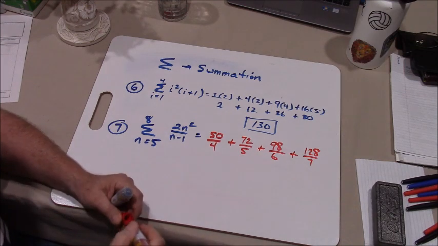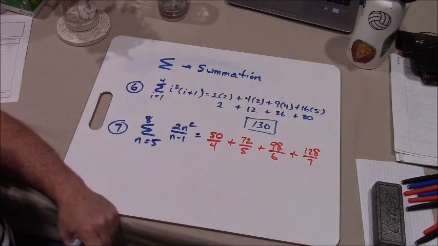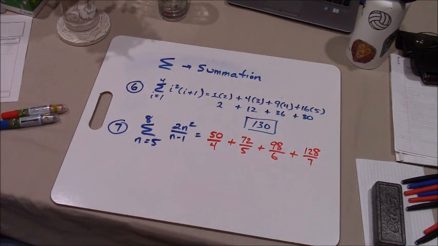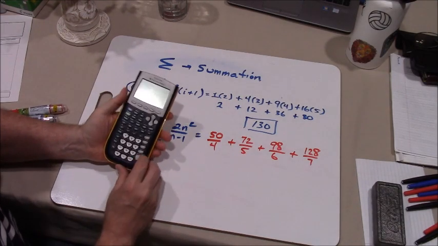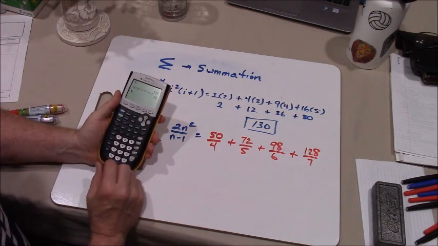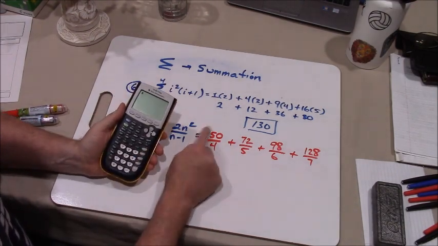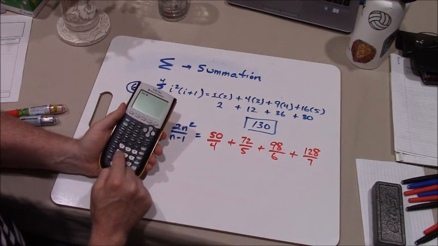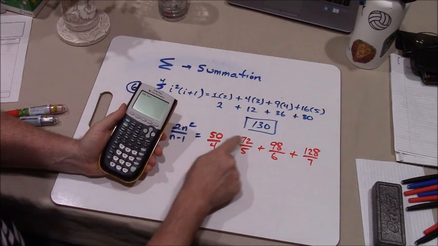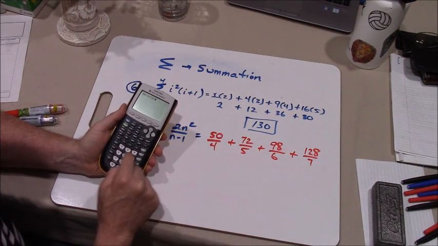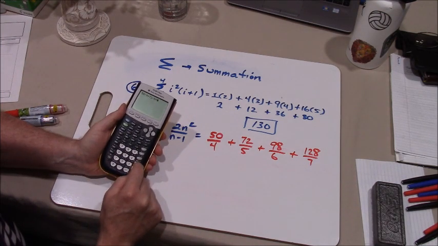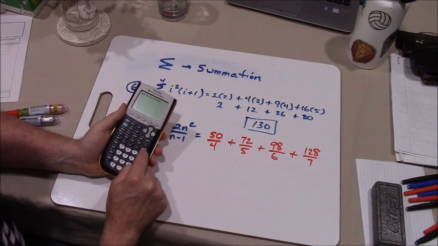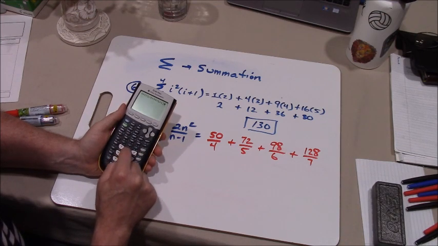And so what I have here is 4 fractions that I need to add together. And I think I'll use the calculator to do that. So I've got, and even though this hasn't been reduced, that's okay, 50 divided by 4 plus 72 over 5 plus 98 over 6 plus 128 over 7.